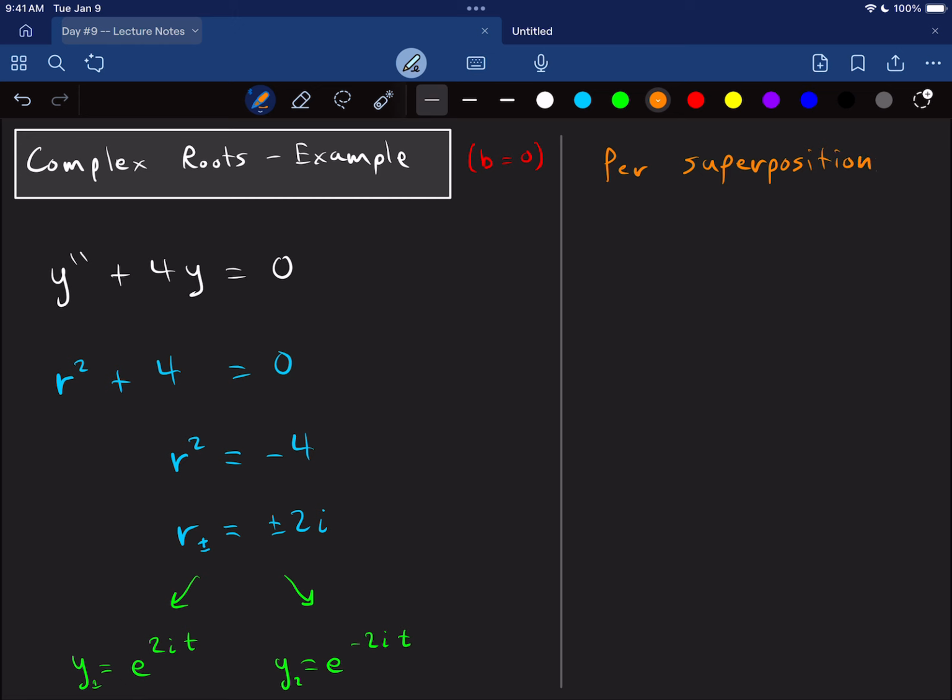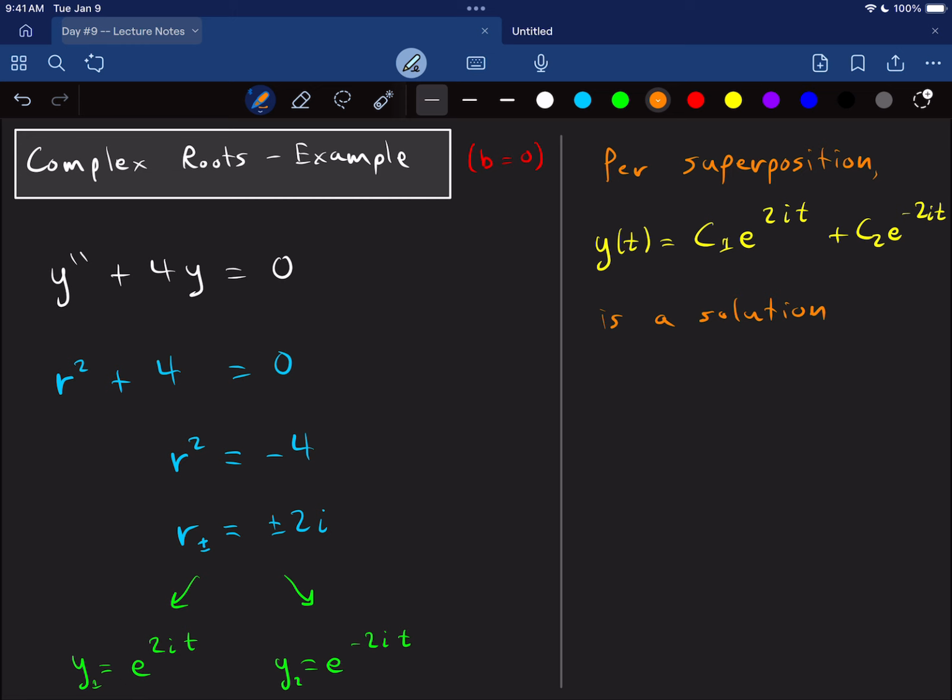Again, all today, we're only dealing with linear homogeneous differential equations, so I'm allowed to do the superposition. y of t equals c1 e to the 2it plus c2 e to the negative 2it is a solution.